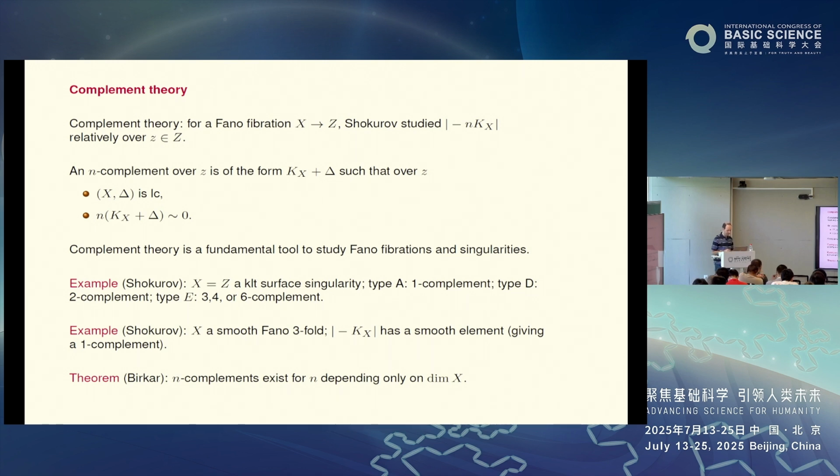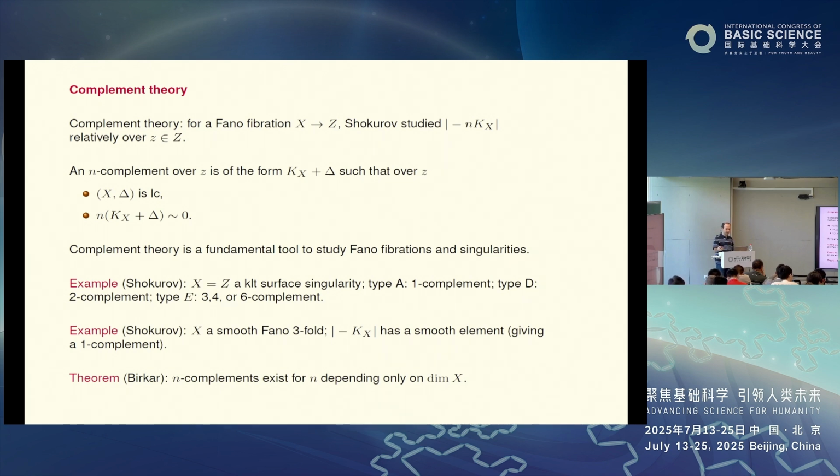For example, in dimension 2, let's just look at the purely local case, where we take just a germ of a singularity. So X to Z is just the identity. And suppose this is one of those KLT singularities, then there is a classification of this type of singularities. There are A-type, D-type, and E-type. A-type corresponds precisely to when you have a 1-complement.